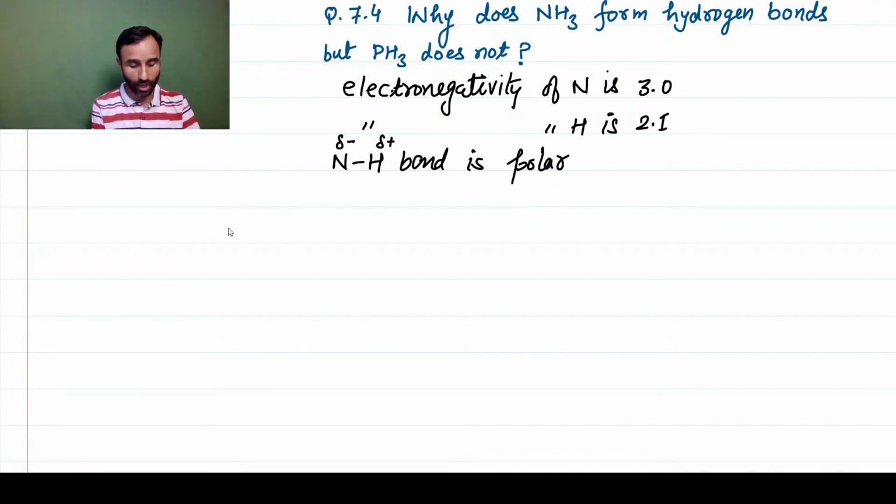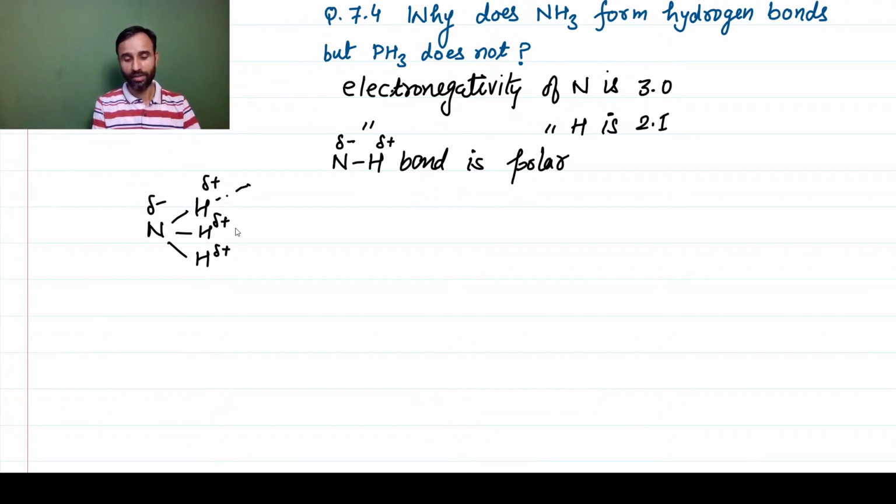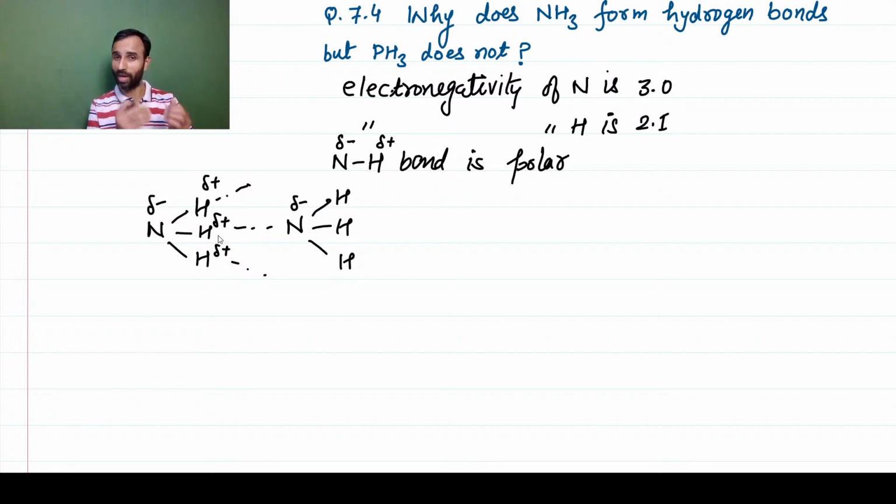So in this way, in ammonia, nitrogen has partial negative charge, hydrogen has partial positive charge, and that's why it will attract the nitrogen of the other ammonia, and the bond between hydrogen of the one molecule and nitrogen of the other molecule, this interaction is called hydrogen bond.